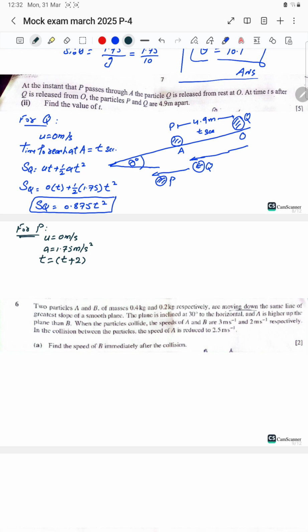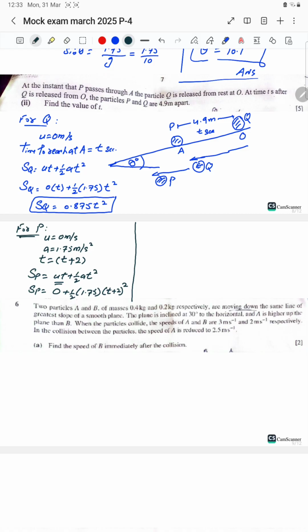Now again we apply the distance formula to find where P is when Q comes to A, and how far apart they will be. So ut plus half at squared. SP will be u, initially 0, so that becomes 0, plus half times 1.75, times t plus 2 whole squared.